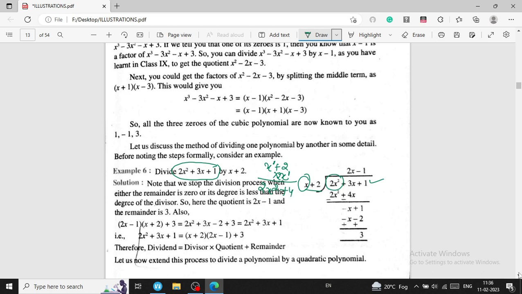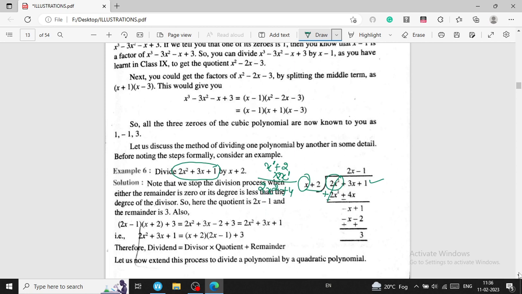And now write these values here: 2x square plus 4x. For subtracting, we will change the operator symbols. Plus changes into minus, plus changes into minus. Now it will cancel.